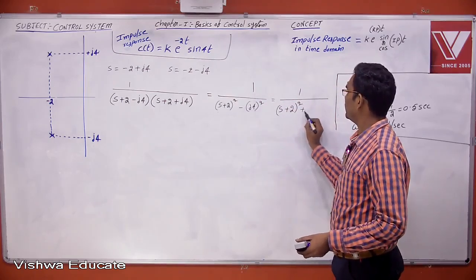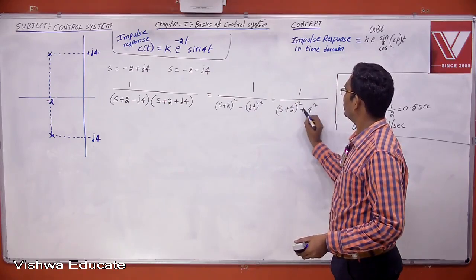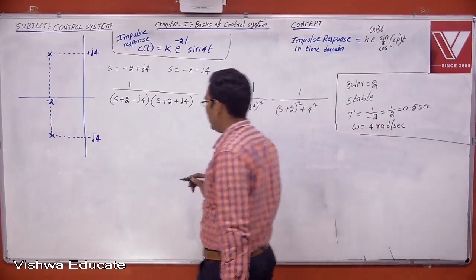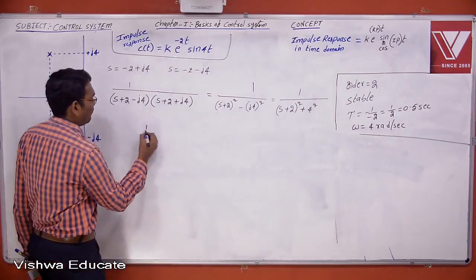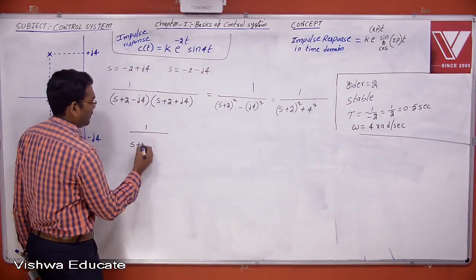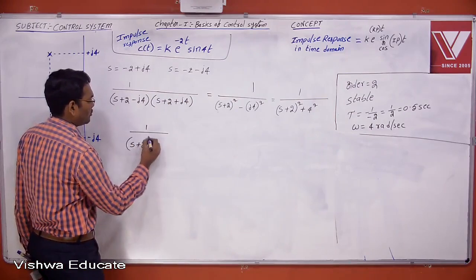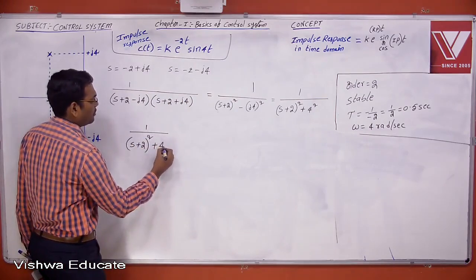Which is nothing but 1 by (s plus 2) whole square plus 4 square.